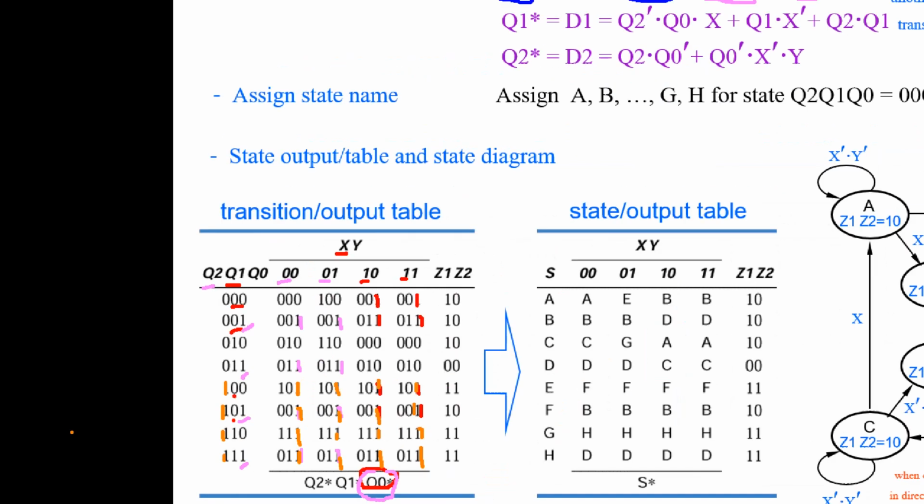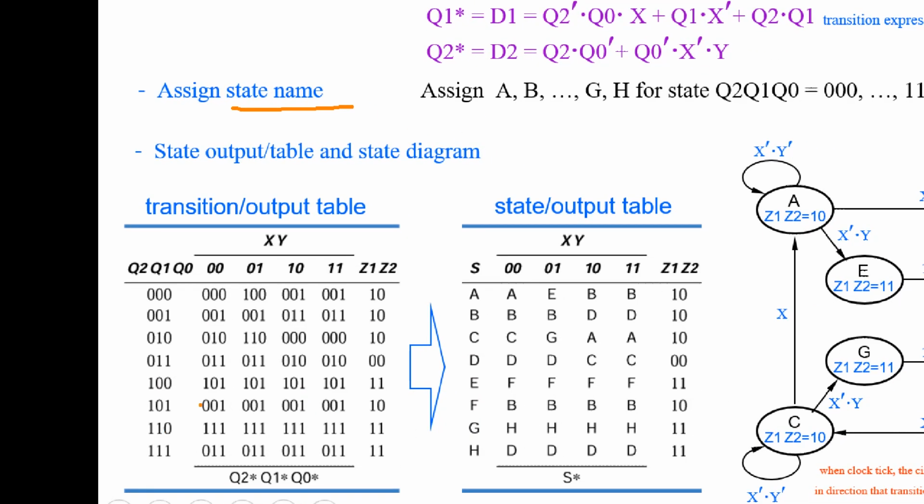Okay, so after you complete this transition output table, you may assign state names. In this case, I assign A, B, C, D until H, for states 000 to 111. That means I just substitute this 000 with state A, right?